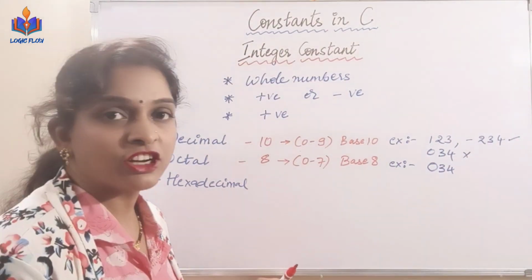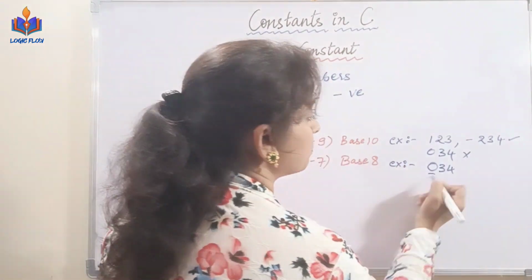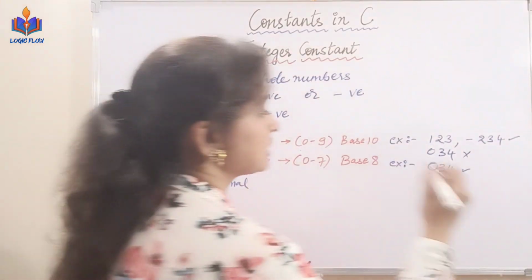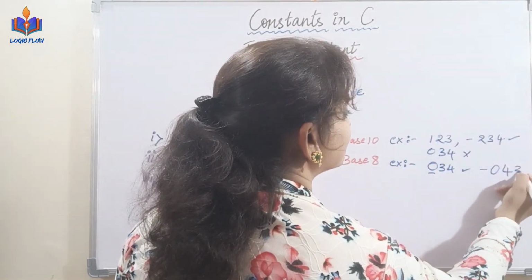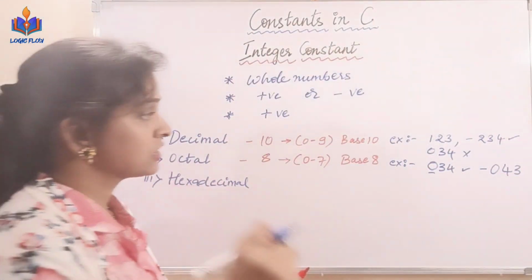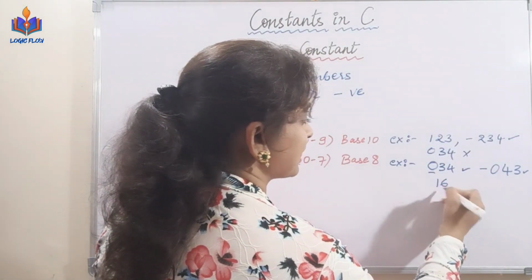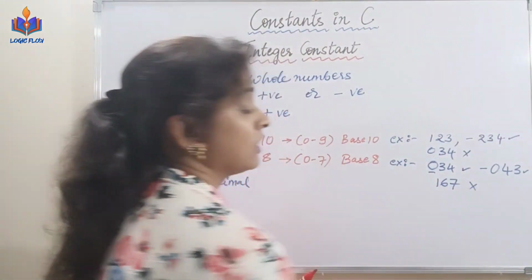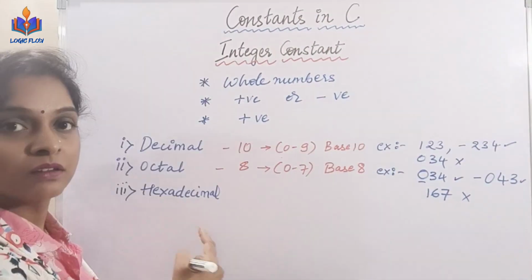This is just to differentiate between the decimal and octal constant. So this is a valid octal integer constant. I'll just have minus 043. Again, it is a valid octal constant. I'll write one more, 167. This is invalid because an octal constant says the first digit should be 0.